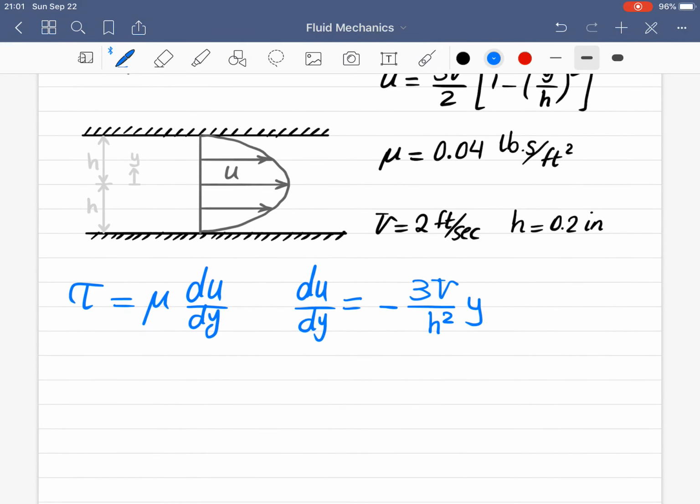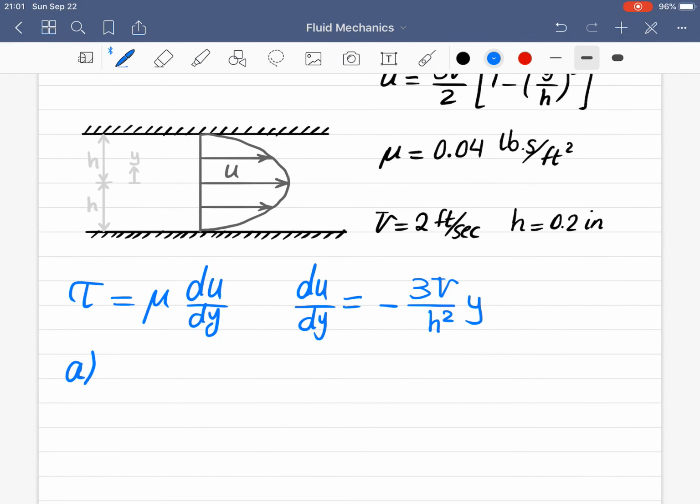So in part A, we want to solve it for y equals minus h at this surface. So du over dy will be equal to 3v divided by h.